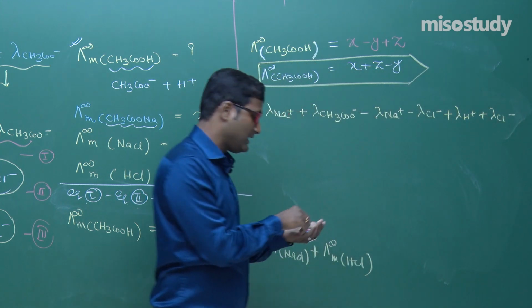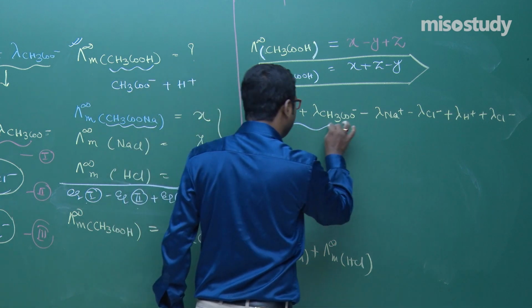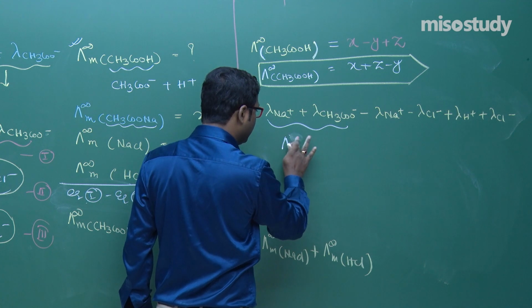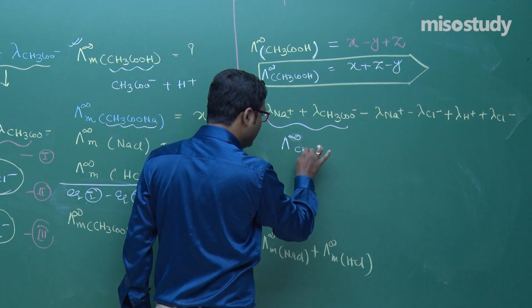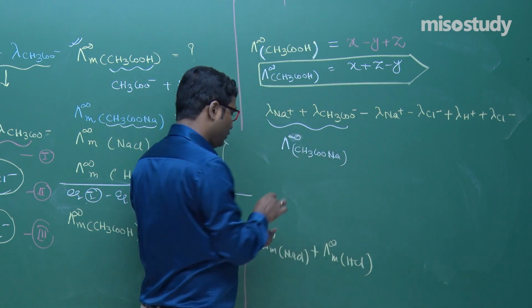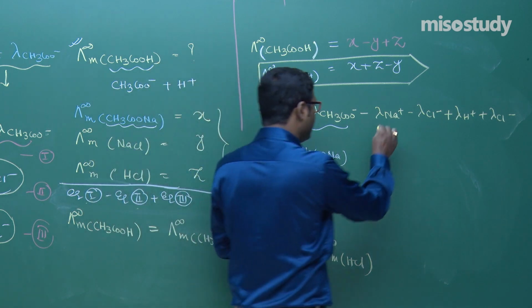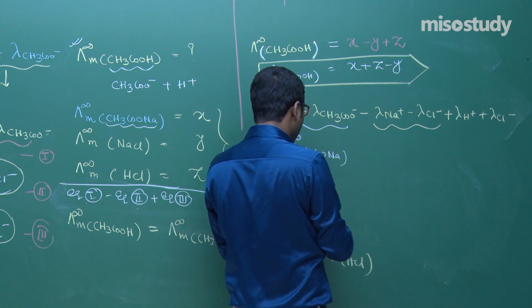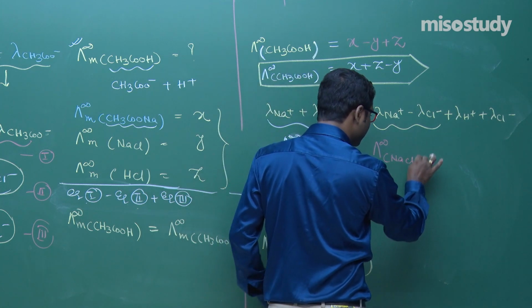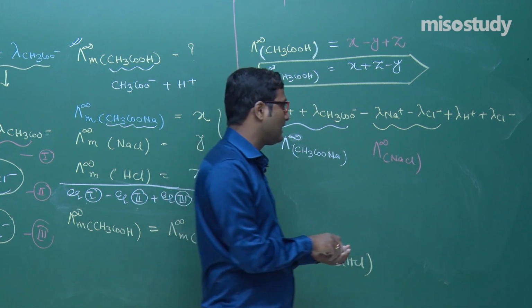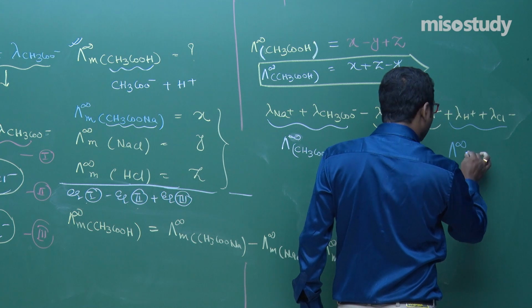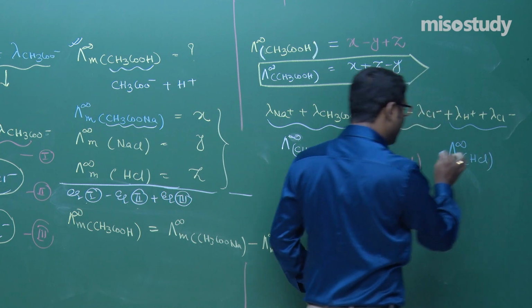This is the output we get for the molar conductivity at infinite dilution of CH3COONa, this for NaCl, and this for HCl.